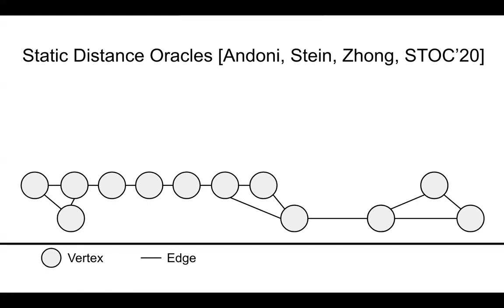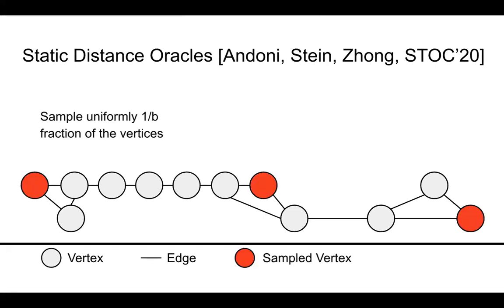Good. So initially, you can think of you're given this graph. Again, I'll use no weights just since it makes the presentation easier. And what you do is you sample a 1/b fraction of the vertices initially. And here b is a parameter that you can choose, so you're free to set your b.